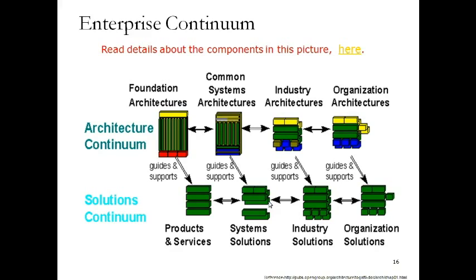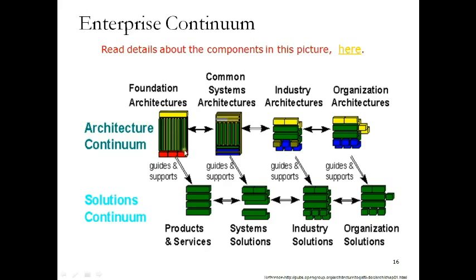And the TOGAF ADM guides us through a left to right progression from high level to low level, as you can see here: a left to right progression from the general architecture and solutions to organization-specific ones.